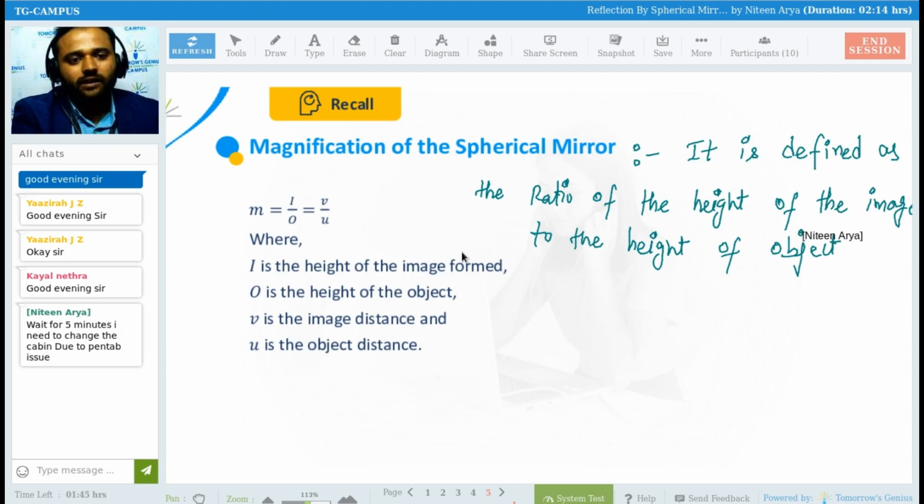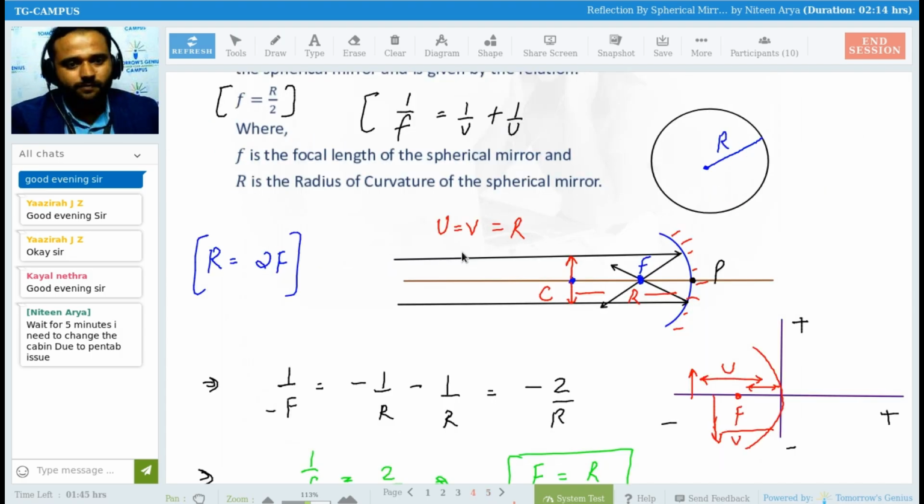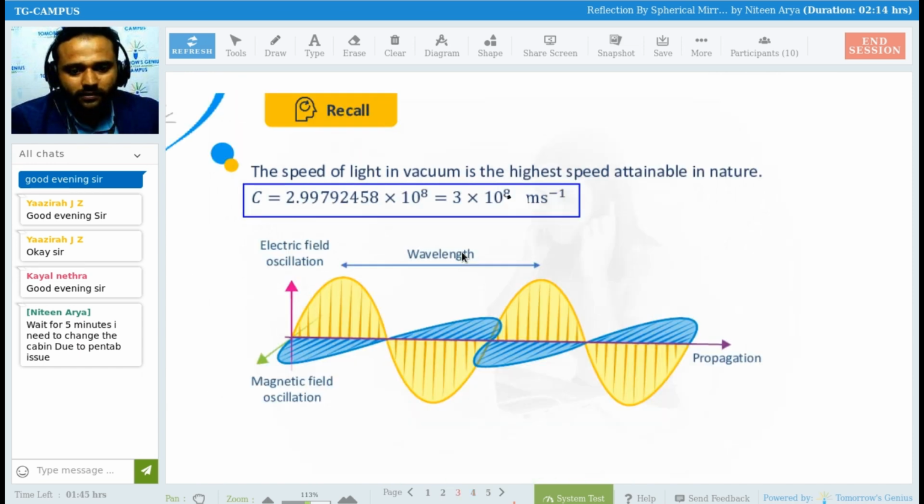As you can read, I is the height of the image formed, O is the height of the object, V is the image distance, U is the object distance. So that is basic. In general, they don't ask this, neither do they give it to you. Is it clear?